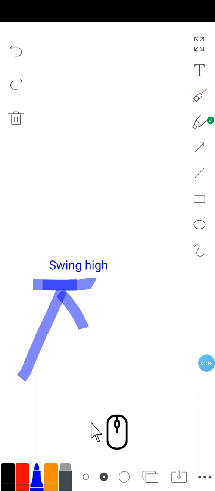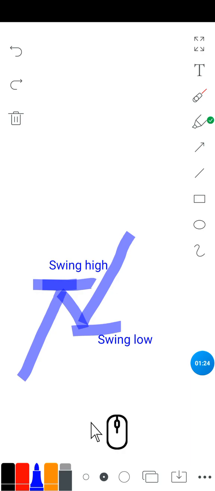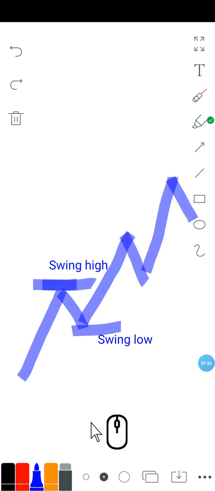Then after a downward move, this is known as your swing low. Here we'll have a swing low whenever the market pulls back down, and it repeats like that. So this is what gives us the market structure: swing highs and swing lows. So this is a low, this is a high.